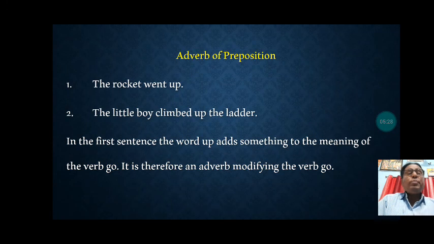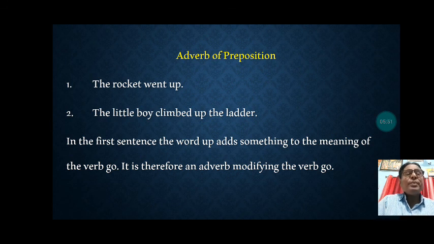Now adverb or preposition. The rocket went up. The little boy climbed up the ladder. In the first sentence, the word up adds something to the meaning of the verb go. Went up. Went is the second form of go.